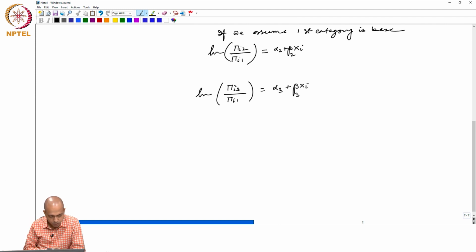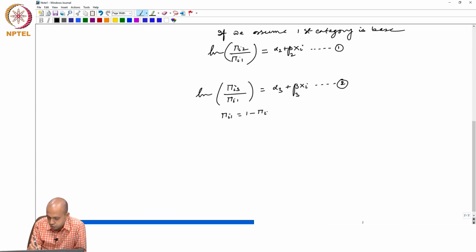Let us say this is equation 1, this is equation 2, and pi i1 equals 1 minus pi i2 minus pi i3 is equation 3.